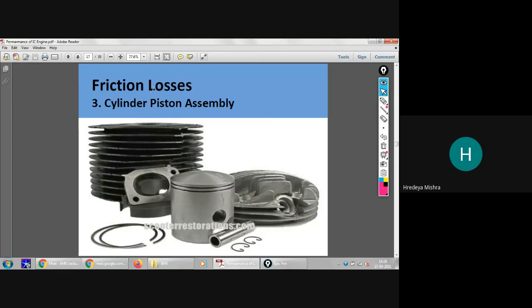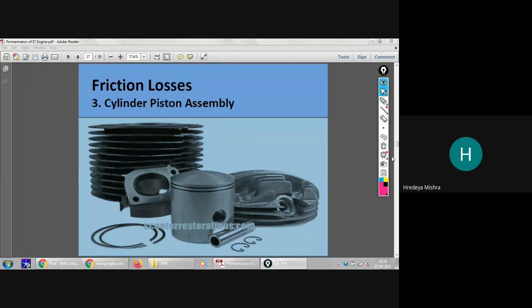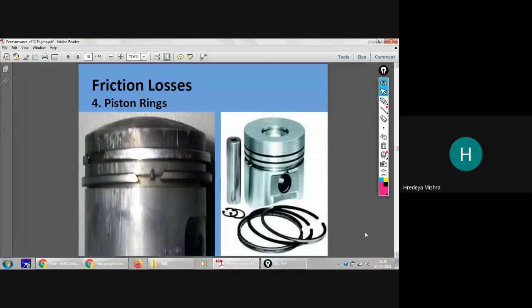Now, cylinder and piston assembly. Between the cylinder and piston assembly there must be losses because sliding is also there. And piston rings, these are the piston rings, which are mounted here.